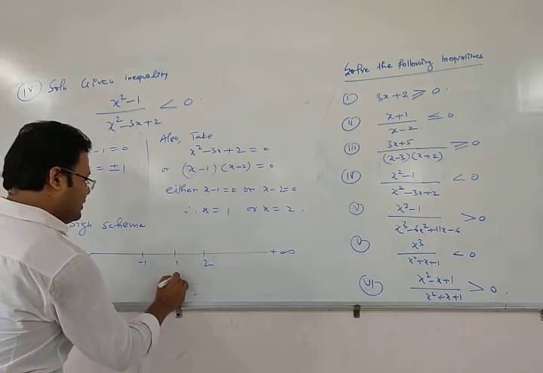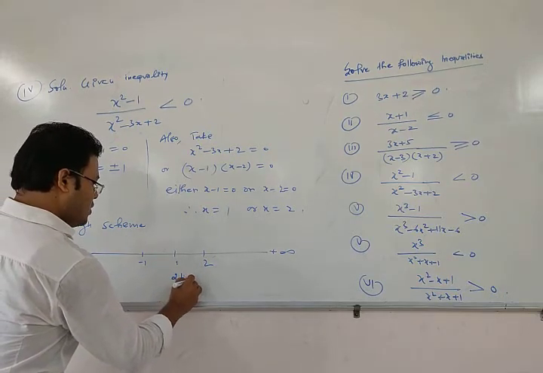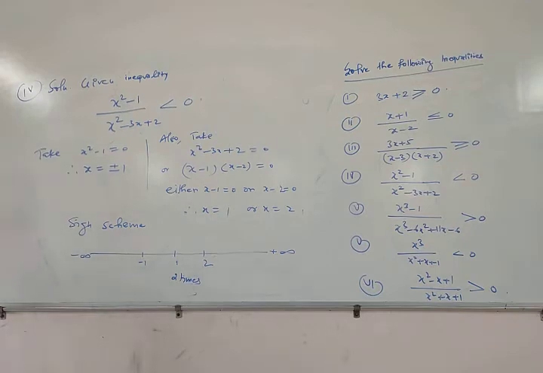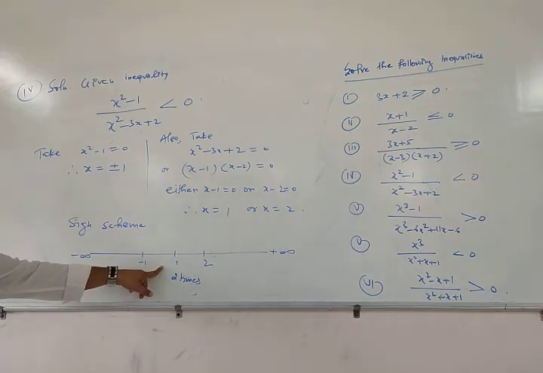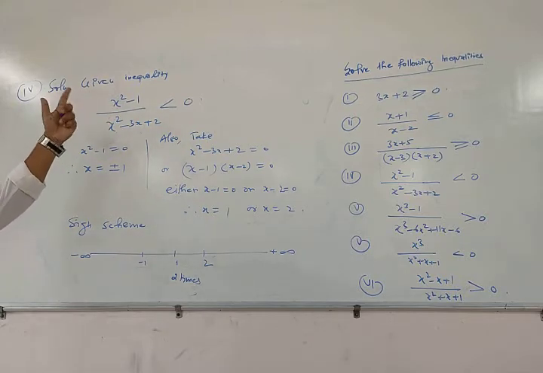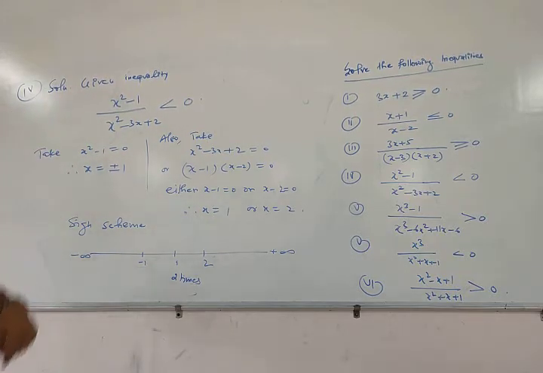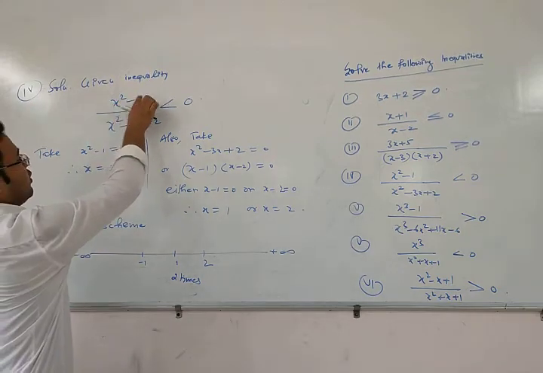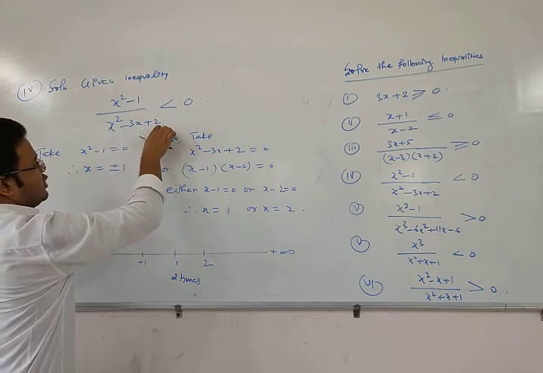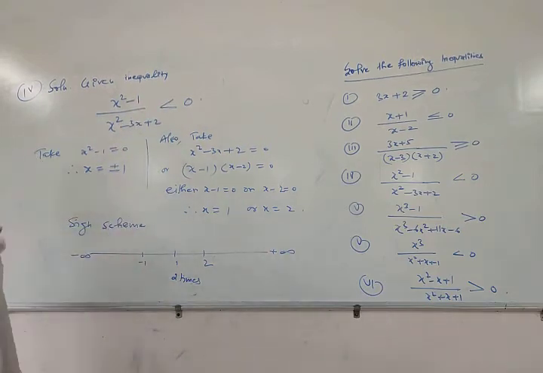So we have to write 2 times. Since 0 is not present in the roots, we can check the sign of this rational expression at x equal to 0. When we put x equal to 0, we will get negative by positive, negative sign.